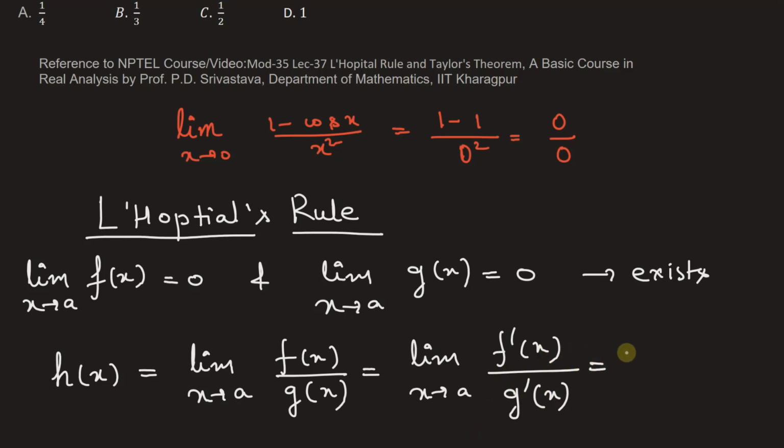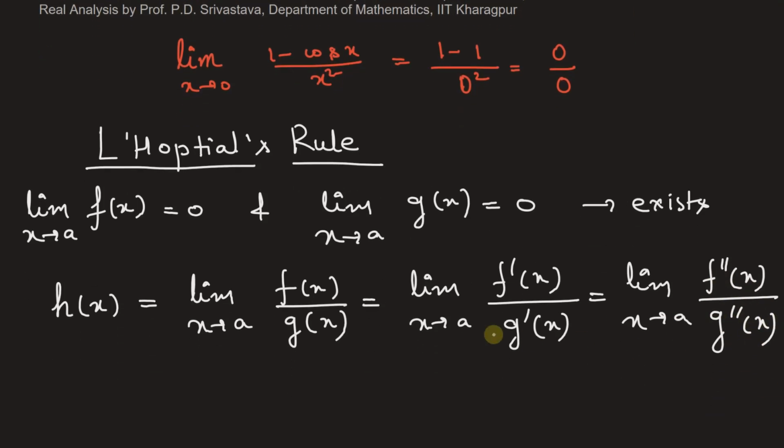This will also be equal to limit x tends to a, f double dash of x, that means second derivative of f with respect to x, by g double dash of x. And this process will continue. This will keep going on unless we get a value such that h of x belongs to a real number. Unless we get h of x real number, we will keep differentiating the numerator and the denominator separately with respect to x.